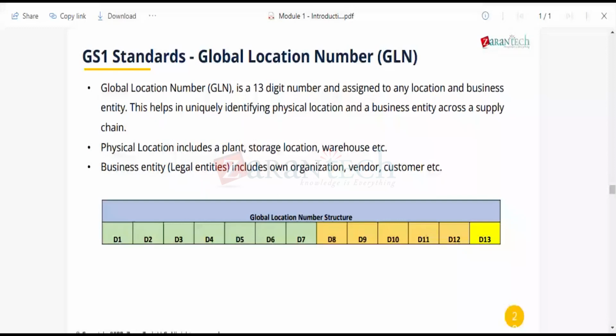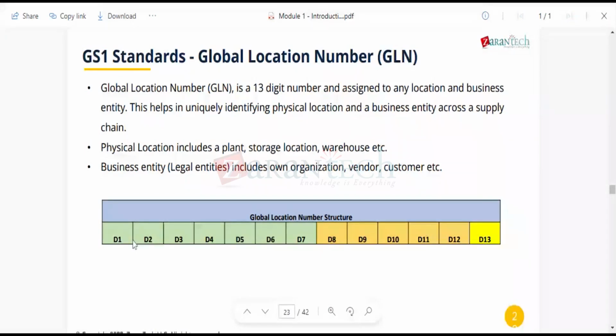In this way, each particular supply chain entity is identified uniquely. Global location number is a 13-digit number, and it is assigned to locations as well as business entities. Physical locations like plant, storage location, warehouse, etc. can be identified. Here I have mentioned the structure of the global location number.